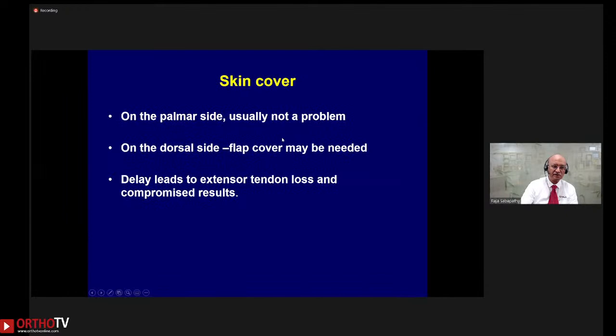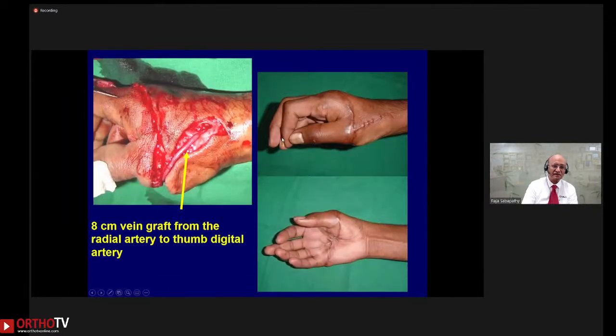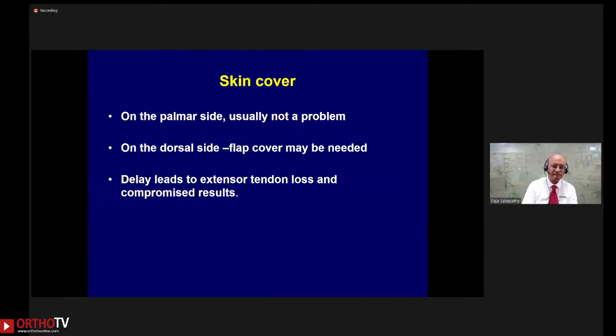What we used to do is get a vein graft from the radial snuffbox, and then put it to the ulnar side digital artery or radial side digital artery. I think a separate inflow to the thumb is very important if the amputation is at the level where there is not enough soft tissue connection between the index and the thumb.